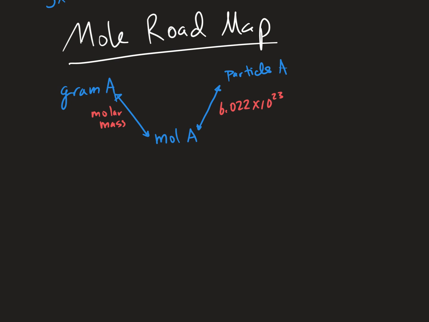Okay, then if we want to go from moles of one substance to moles of a different substance, let's say moles of substance B, now this is the part that I haven't shown you yet.